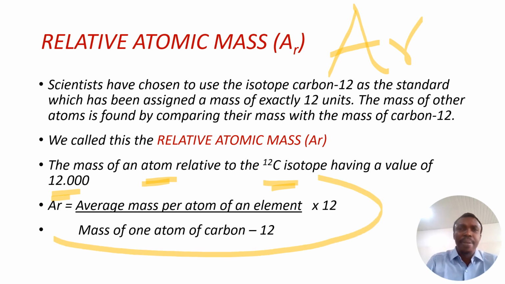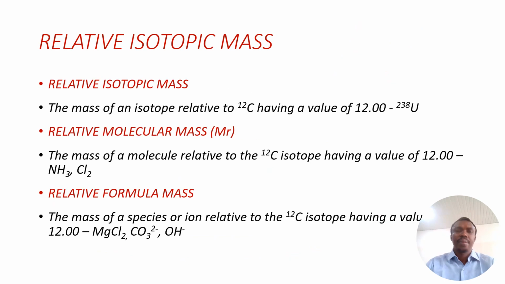So it's as simple. Now we'll have relative isotopic mass. We're still on carbon 12 as the standard. So relative isotopic mass is the mass of an isotope relative to carbon 12 having a value of 12 units.